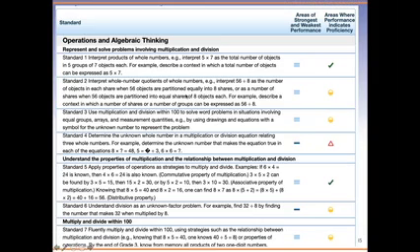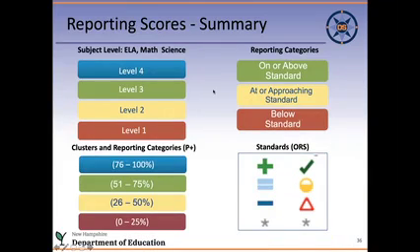So I will continue. Again, this is just a summary. Overall, ELA, math, and science are the 4 levels: above proficient, proficient, below, and substantially below is what we used to call it. Reporting categories, you get on or above, at approaching, or below.